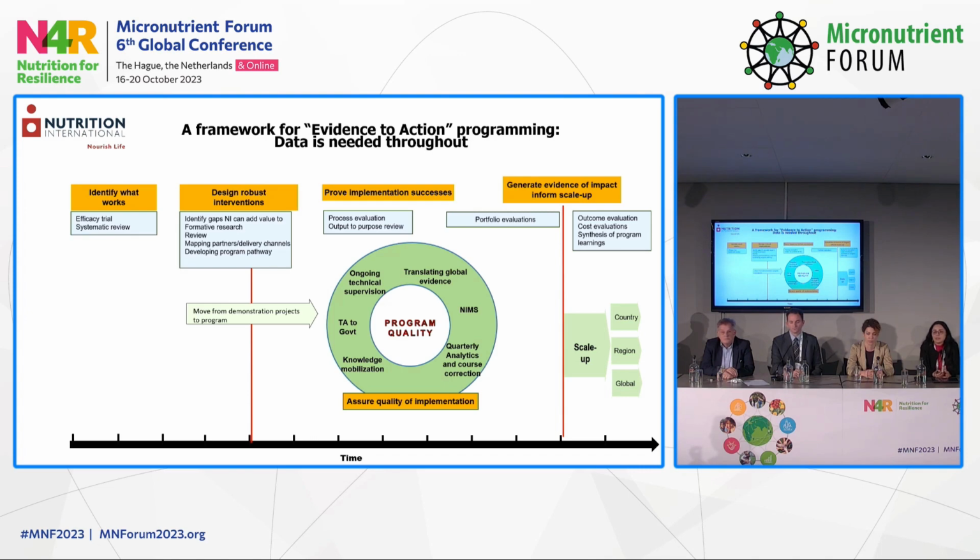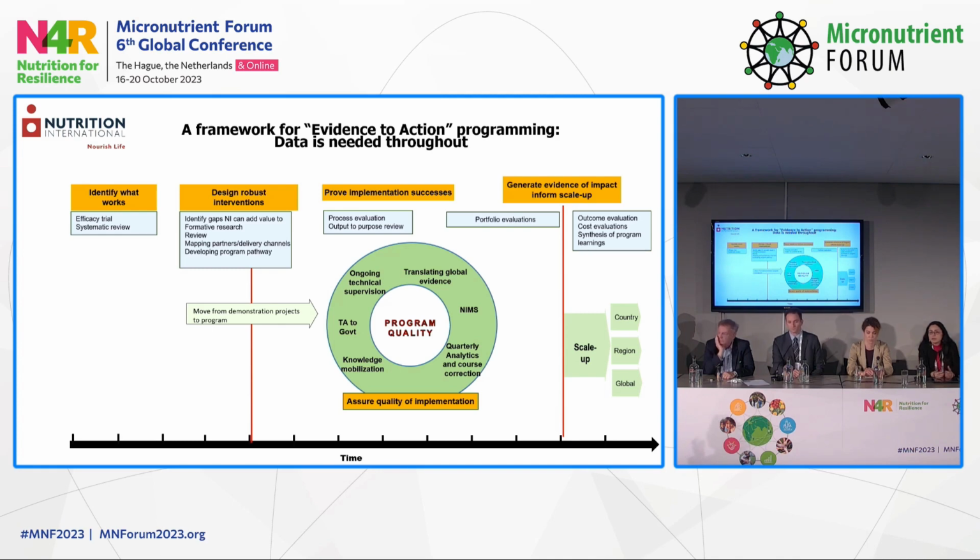Then we identify the gaps, identify formative research questions, the experiences of seekers and recipients of services, and also look at programmatic aspects of implementation, for example partners working together and delivery channels for interventions. Eventually we work on what we call a program pathway. This is the pathway through which an intervention is delivered and through which an intervention ideally has an effect on the recipients.